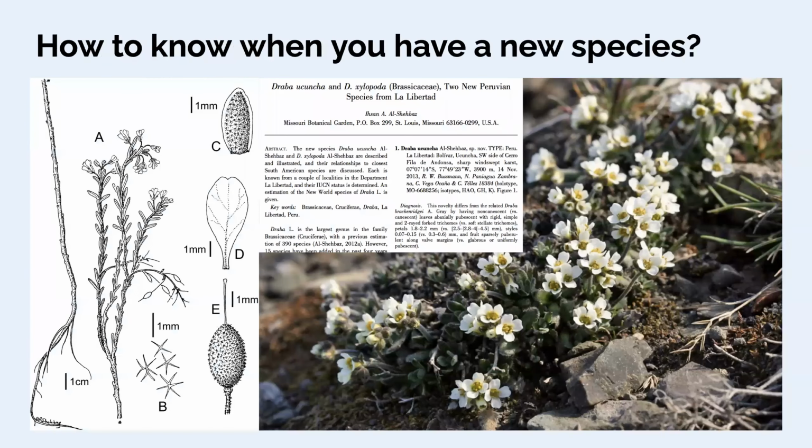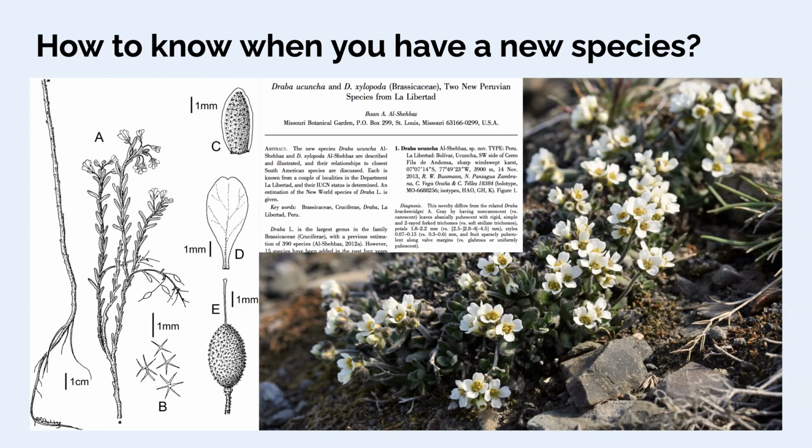We talked previously about describing new species. Just a reminder that if you need to know that your species is different from any other species that's already been described, you need to be able to compare it to those other species. And a lot of the times, if botanists are doing any kind of measurements or determinations about variation within a species, they're not going out into the field.